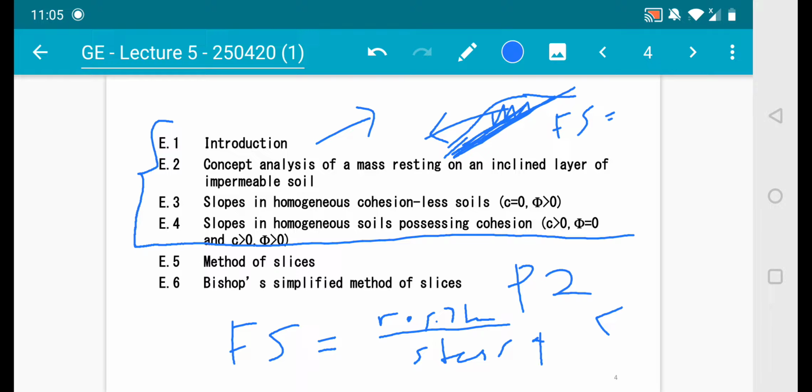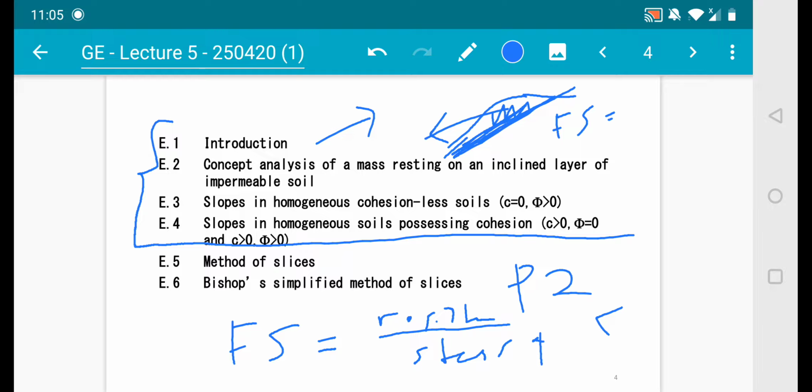That's a very simple introduction. In geotechnical engineering, you're going to see a lot of factor of safety using this concept. It means the resistance over the stress contributed from the outside.